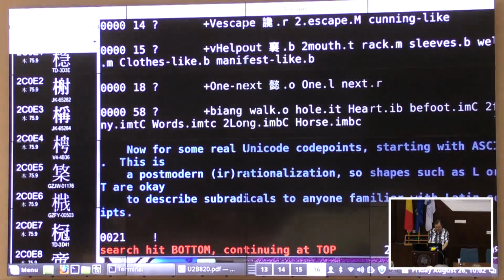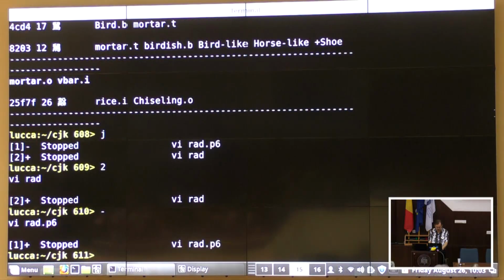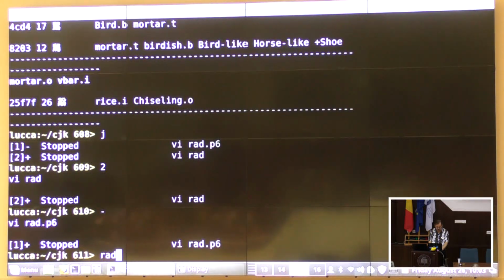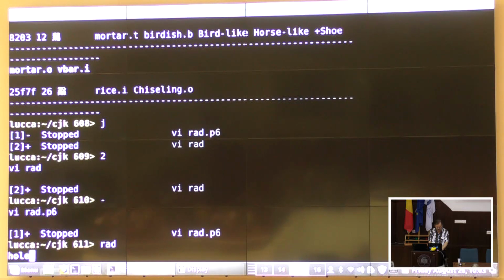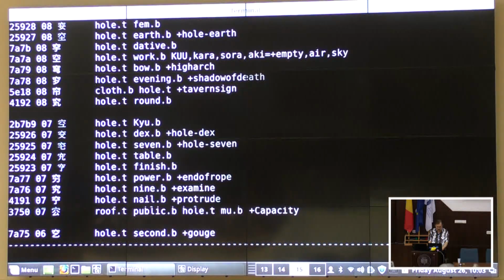Before I forget, there was a thing I noticed here, and that is that we had hole on the top and heart on the bottom, and that should actually be combined into one, because I think it's a radical: hole on the top, and what do I say, heart on the bottom.